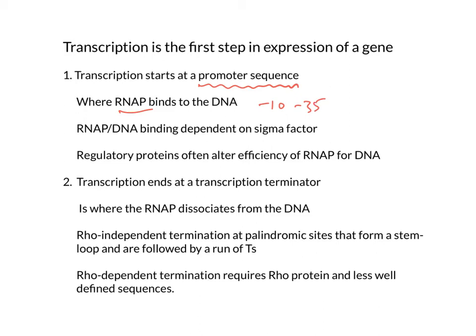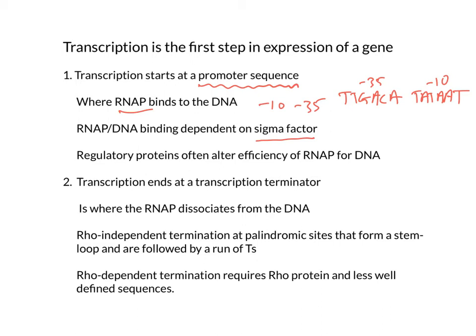These are often like TTGACA as the -35 and TATAAT as the -10. RNA polymerase binding to the promoter is dependent on the sigma factor, and regulatory proteins such as repressors and activators often act to alter the efficiency of binding of RNA polymerase to DNA, and in this way regulate expression of the gene that follows the promoter.